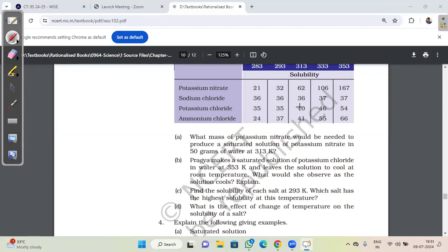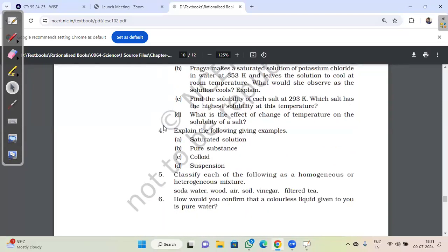The remaining part will form crystals and separate out from the water. So, the crystallization process will occur.